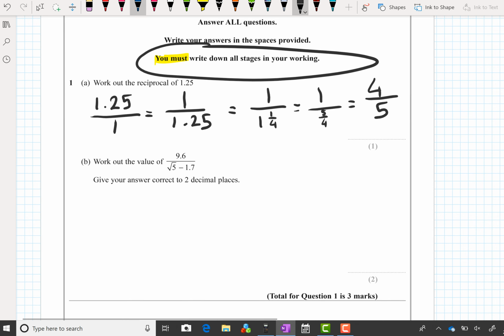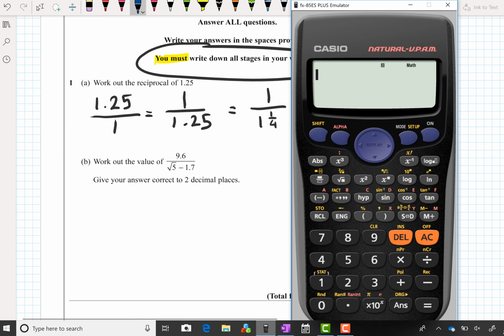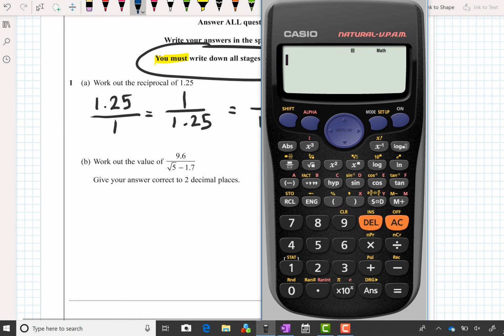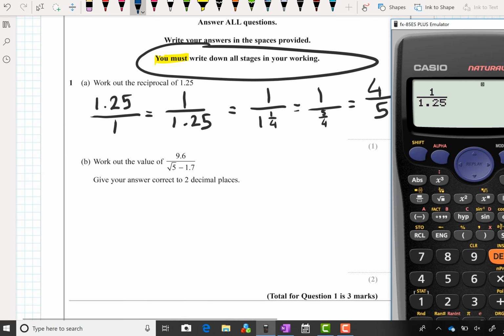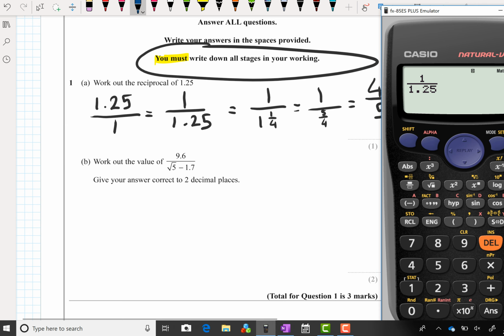I think any of these answers will be acceptable. They're all reciprocals: 1 over 1.25, 1 over 1 1/4, 1 over 5/4, or 4 over 5.